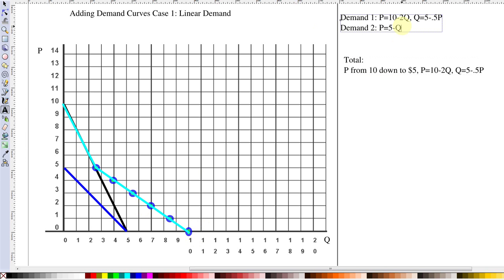Let me go ahead and solve this. That's easy. In this case, it's going to be the demand function written Q as a function of P will be Q equals 5 minus P.